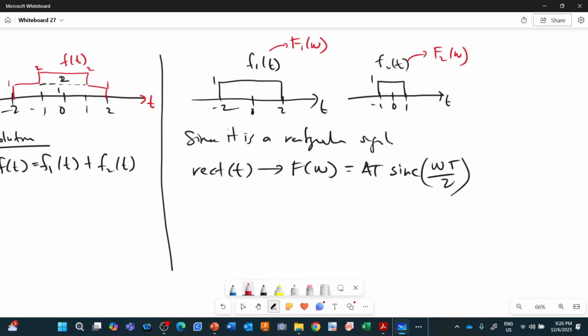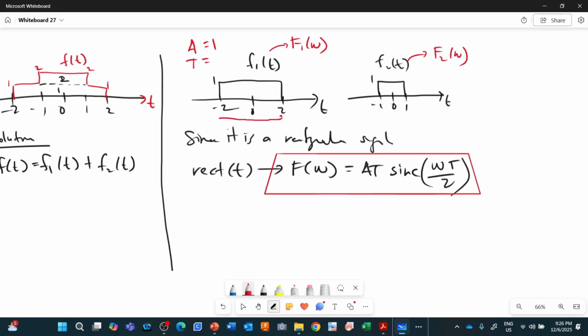Okay, so this is the equation. So basically, we need to find out for F1T what is A and what is T. So write up first, what is the A value? A equal to 1, T equal to 4, from here to here, right? So you have minus 2 and plus 2, you have 4. So T equal to 4. Okay, this is for F1 omega.